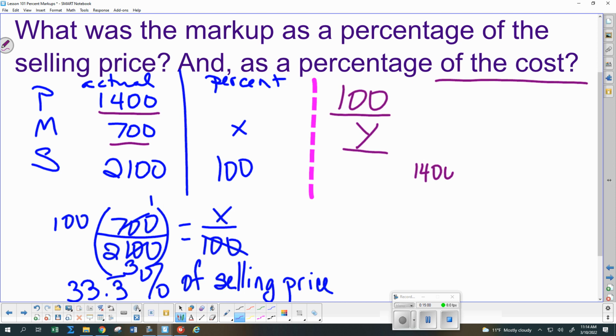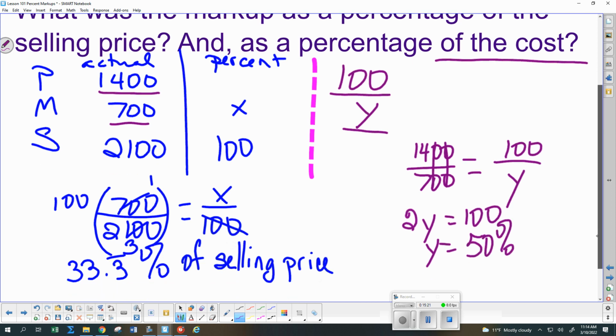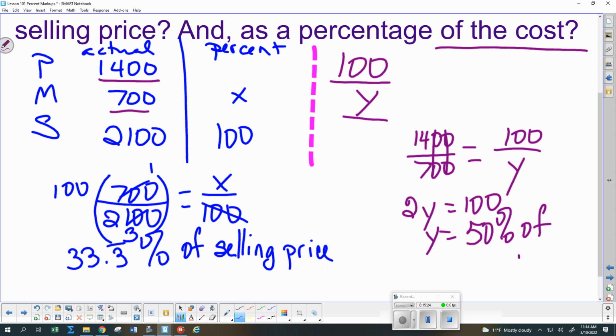So 1400 over 700 is 100 over Y. That I can simplify right away. It's just 2. Multiply both sides by Y, and I have 2Y is 100. So Y is what? 50% markup of the cost.